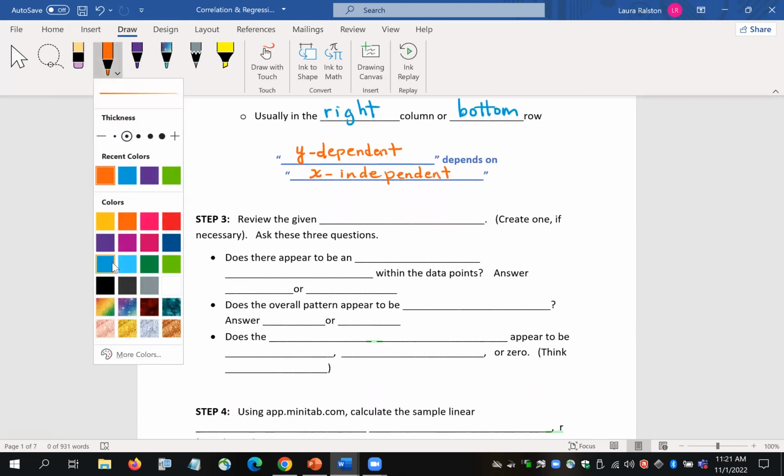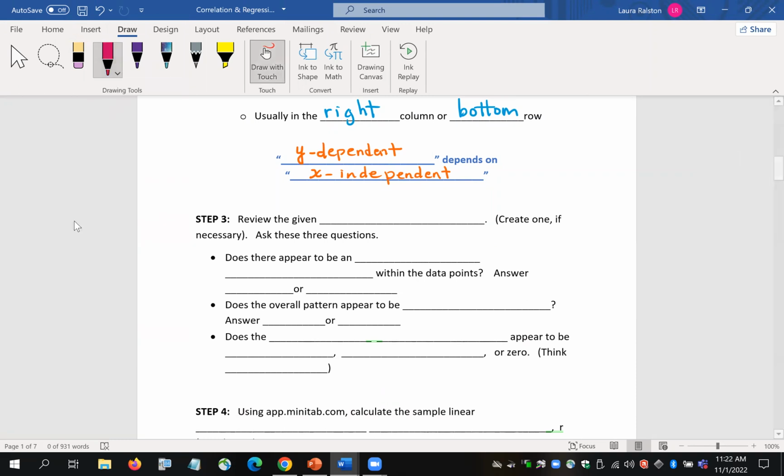Okay, so then step 3, and I'm going to go back over to the PowerPoint in just a minute to offer some additional explanation, is we're going to review the given scatter plot. Likely you will have to create one in Minitab to look at. Once we've decided which variable is X and which variable is Y, then we want to try to answer the question, is there a relationship?